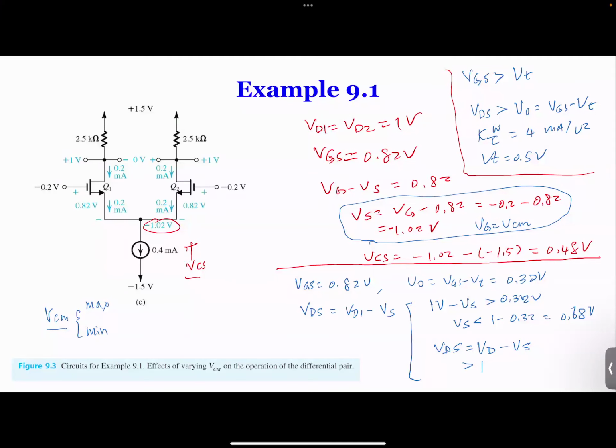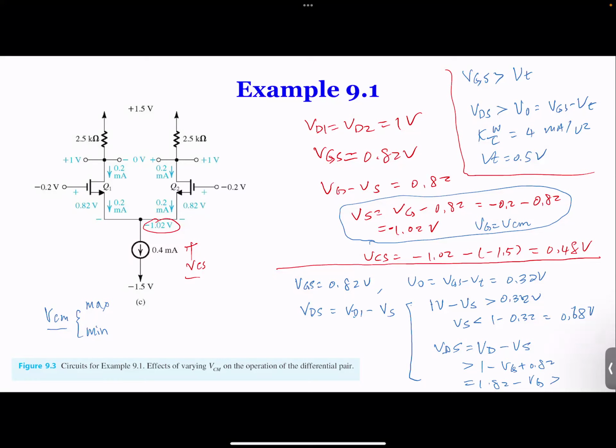VD is given as 1, minus VS. VS is equal to VG minus 0.82, so that's 1.82 minus VG. So VDS has to be larger than VO.